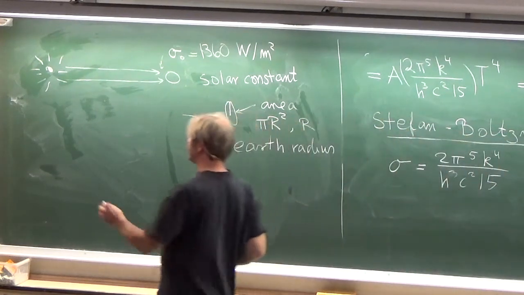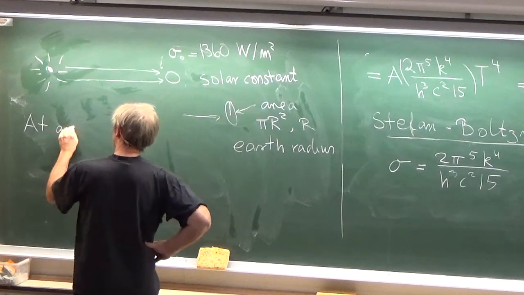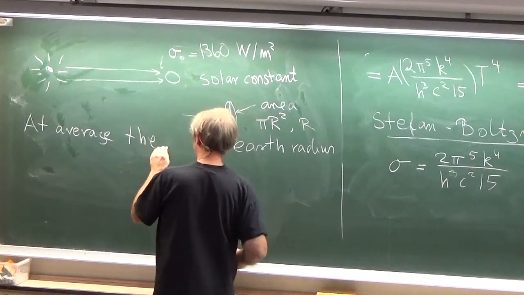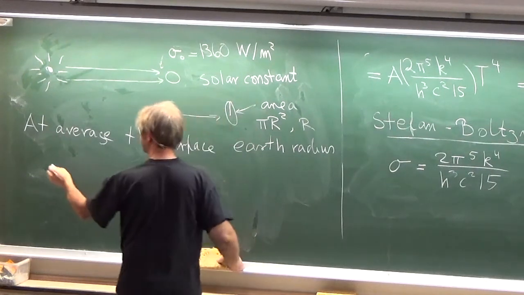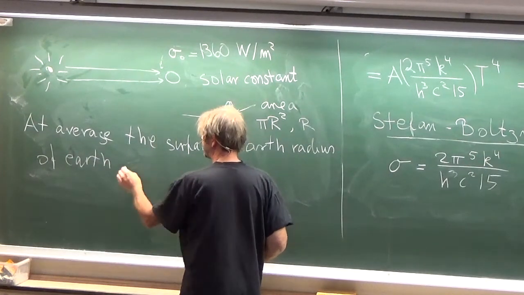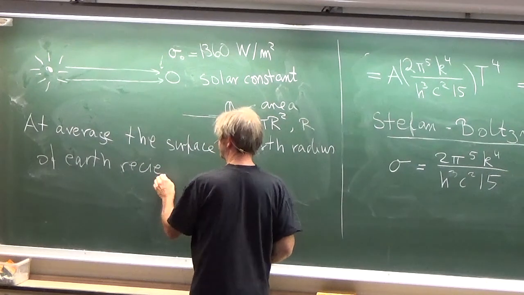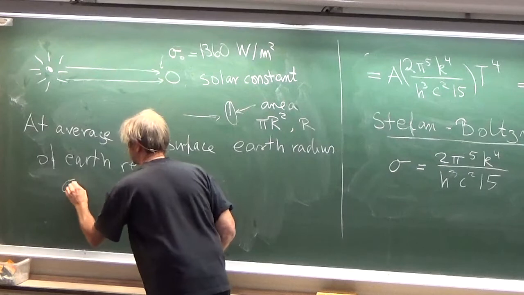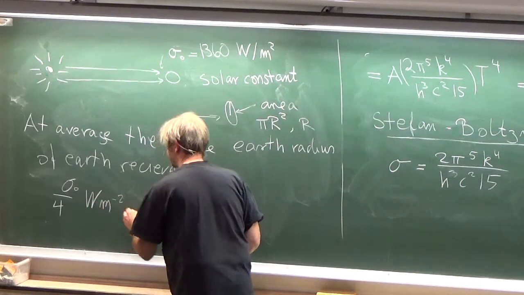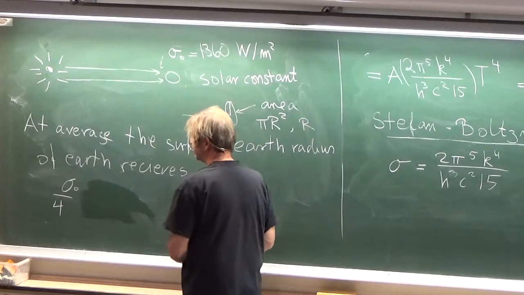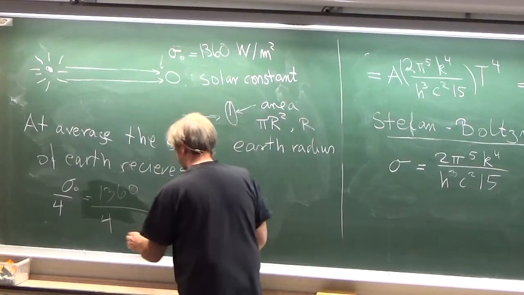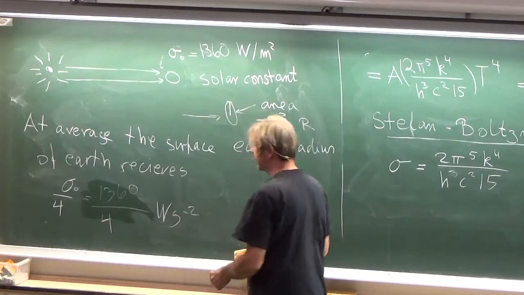So on average, the surface of Earth receives one-fourth of that.